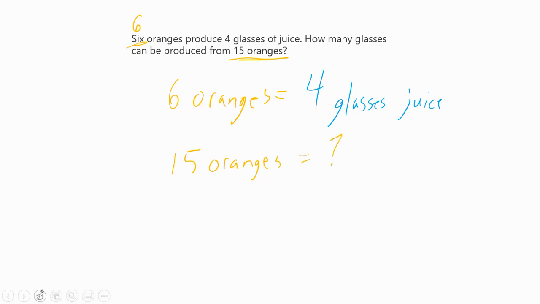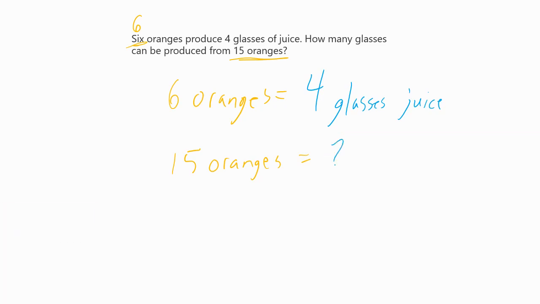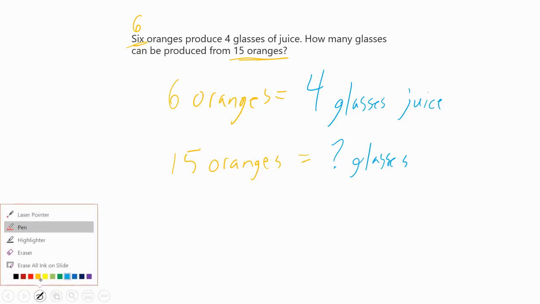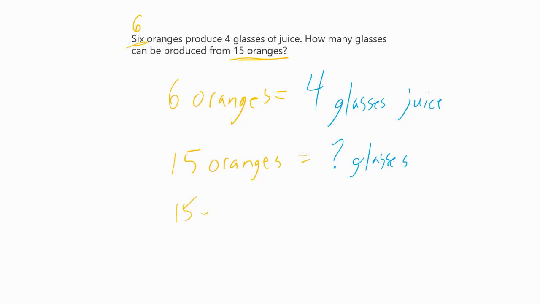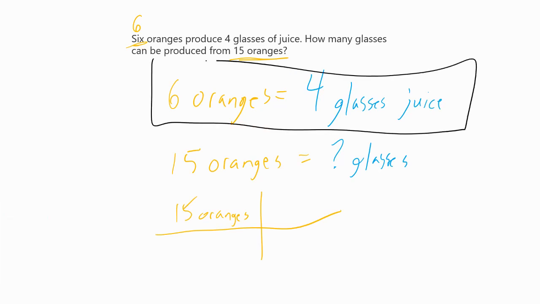All right. There's a couple ways to do this. We're going to teach you one way, equals how many glasses. The way we're going to teach you is you're going to start with this 15 oranges. And because these things are equal, we can use that as what we call a conversion.